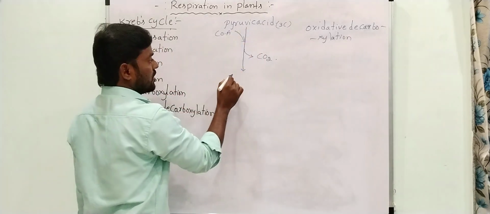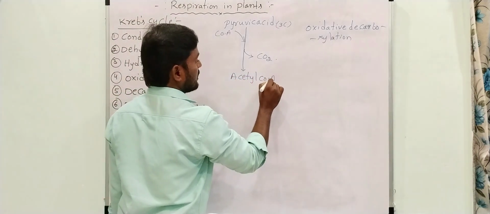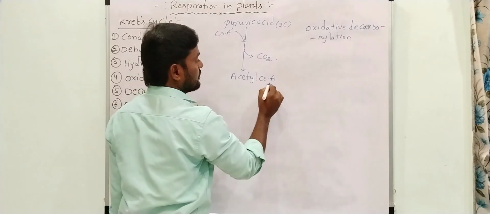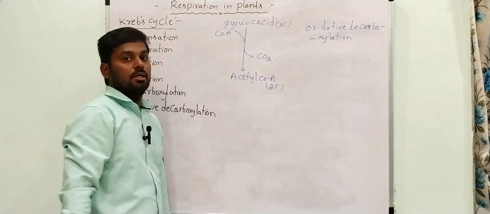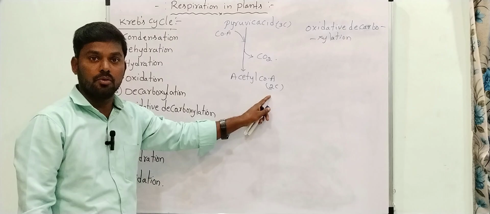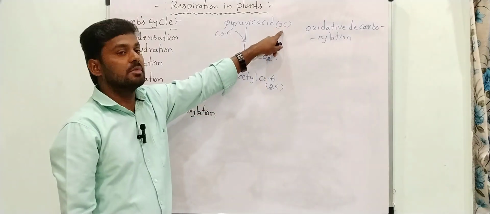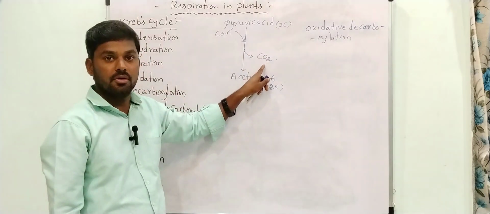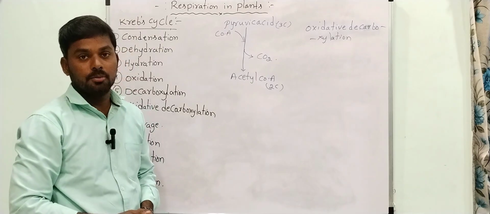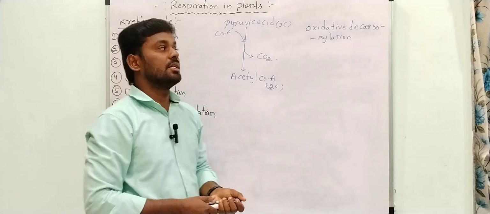So the 3 carbon compound pyruvic acid changes into the 2 carbon compound acetyl coenzyme A. One carbon out of the 3 is lost as carbon dioxide. This reaction is called oxidative decarboxylation.